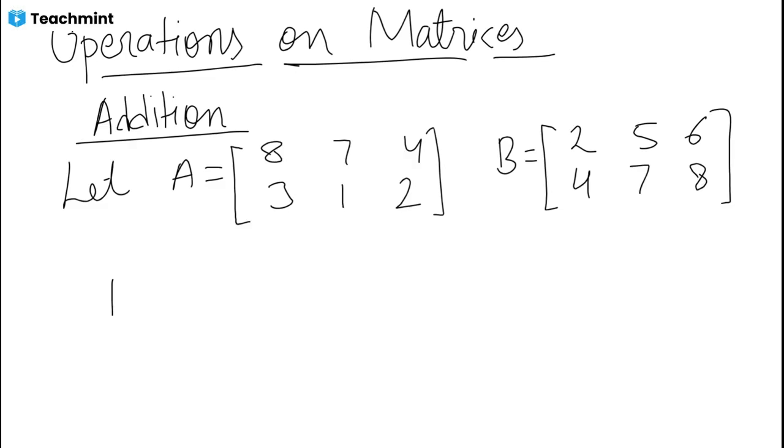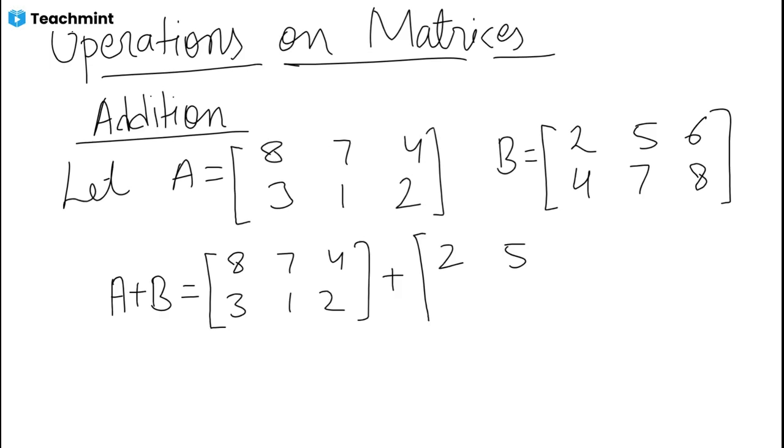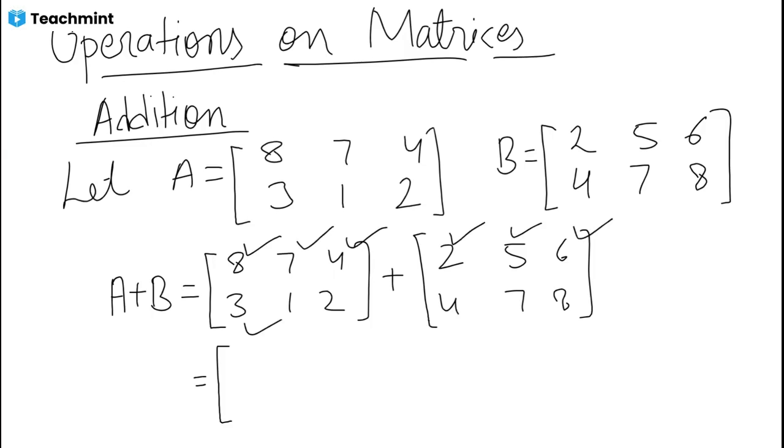We need to find A plus B. So let us add these two matrices, 8, 7, 4 and 3, 1, 2 plus 2, 5, 6 and 4, 7, 8. Let us add corresponding elements: 8 with 2, 7 with 5, 4 with 6, 3 with 4, 1 with 7, and 2 with 8. Similarly, we do it in subtraction also.